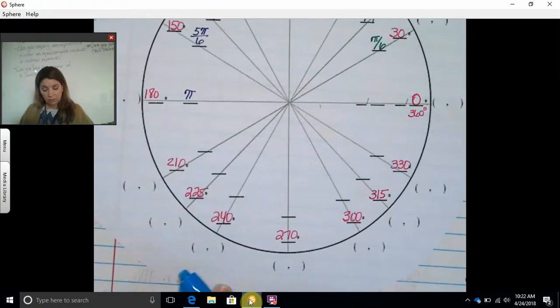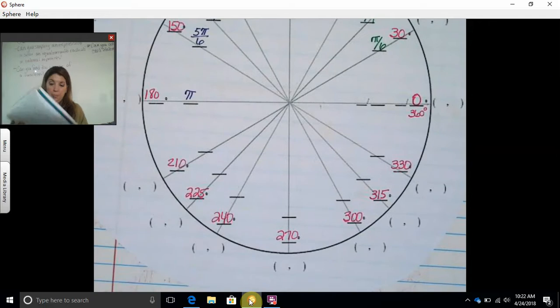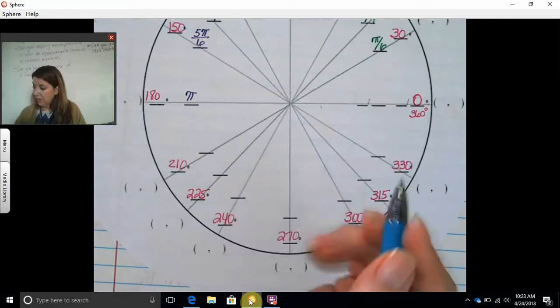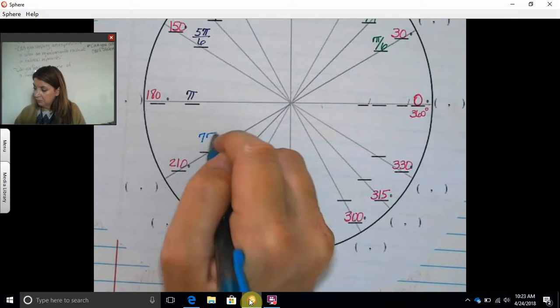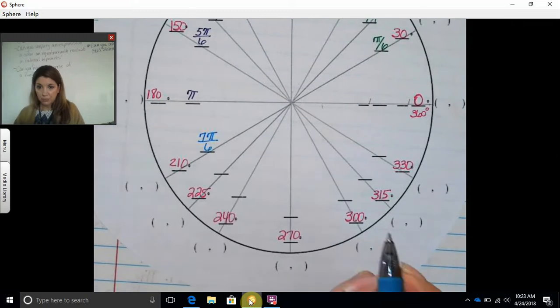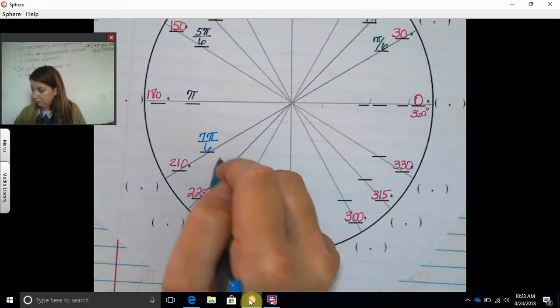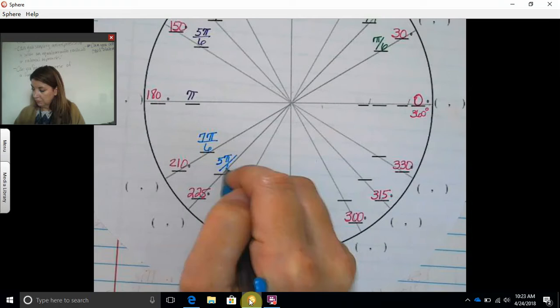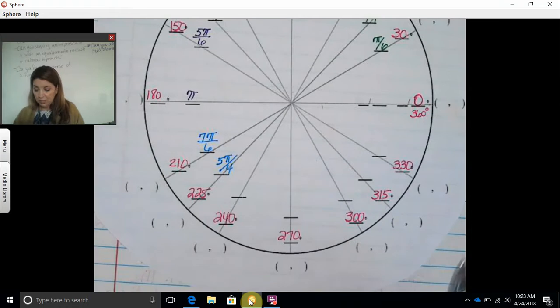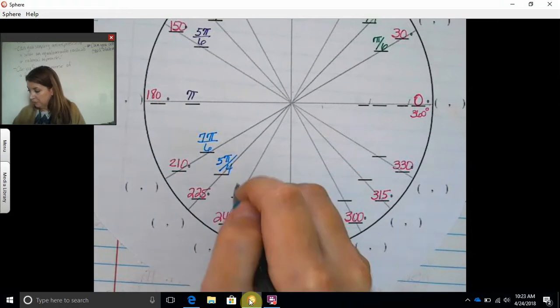So let's fill that in. So 210 degrees was 7 pi over 6. 225 degrees was 5 pi over 4. 240 degrees was 4 pi over 3.